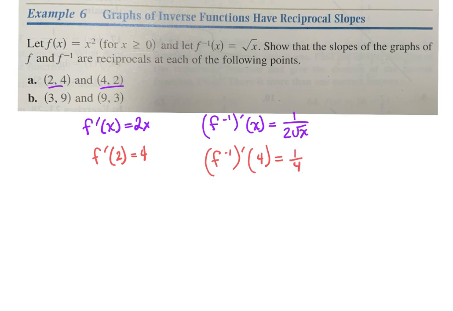They're reciprocals of each other, right? So you can just plug it in and show that that's happening. At 3, you have 6, right? And at 9, you have 1/6. So you can see that what happens here is the slopes become inverses of each other, which is true.